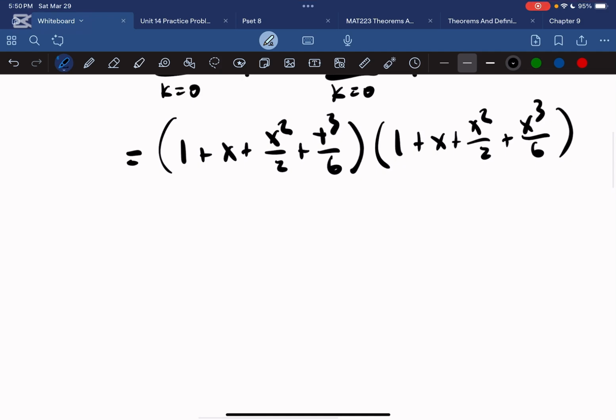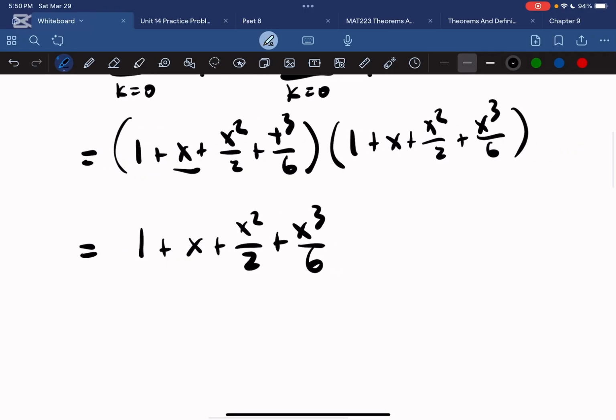And here's how you can take a lot of shortcuts in computation. If we were to do this, we would multiply 1 by 1, plus x, plus x squared over 2, plus x cubed over 6. Beautiful. Now we go to the second term, plus x squared plus x cubed over 2.